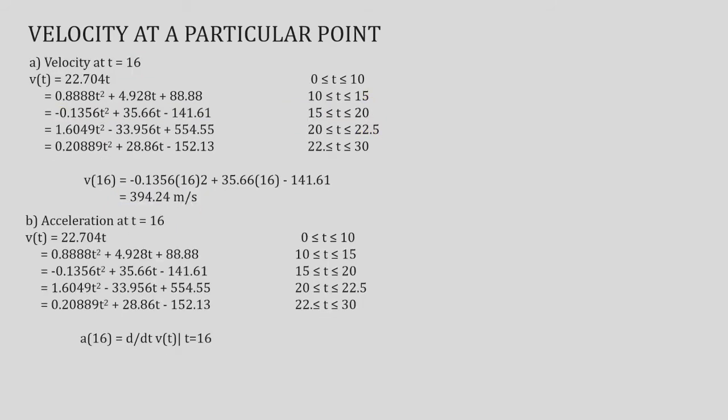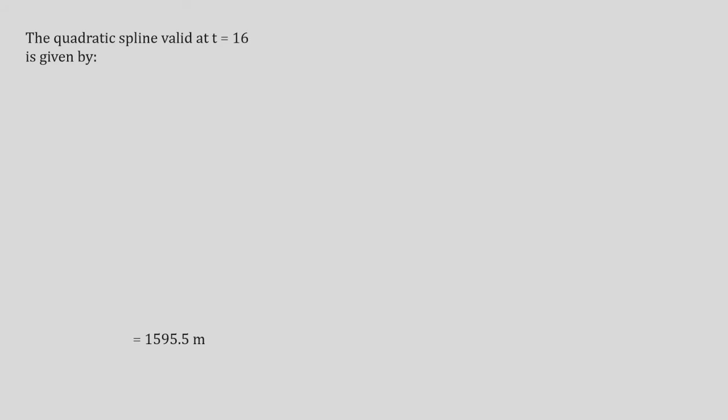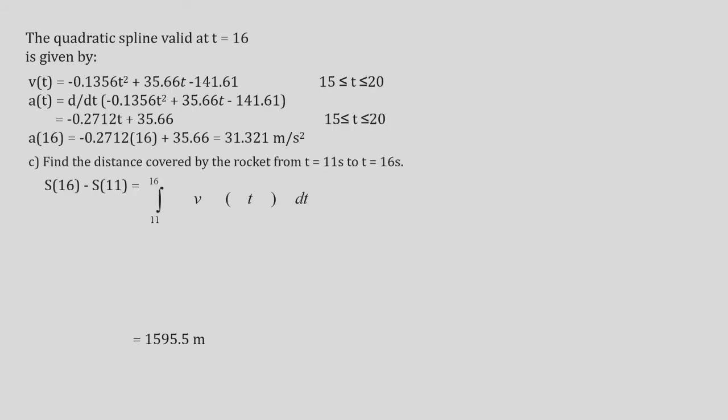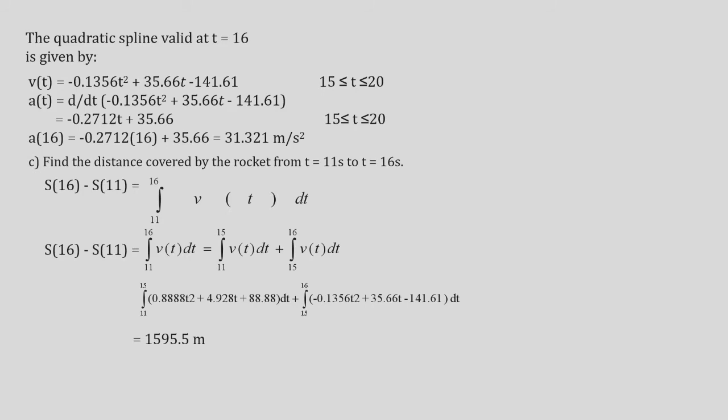Okay. So now the second thing asked for is the acceleration at time 16. I copy-pasted the splines, and then we have this formula: a at 16 is equal to the derivative of velocity with respect to time, at t equals 16. Oops, the answer got shown.